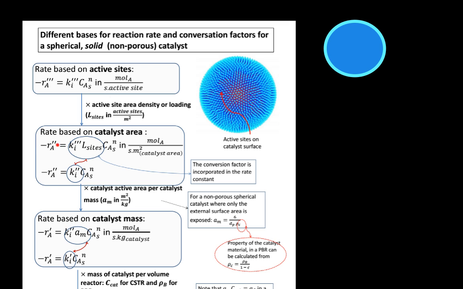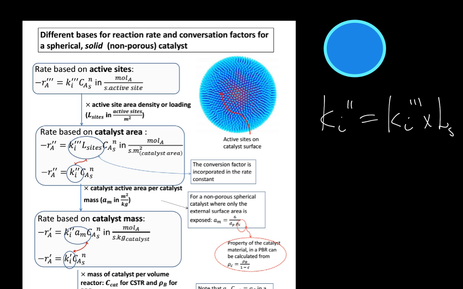That will give me the rate based on the area of the catalyst that is available in my reactor. We use this double dash to remind us that we are now referring to rate based on the catalyst area that is covered by a certain amount of active sites.